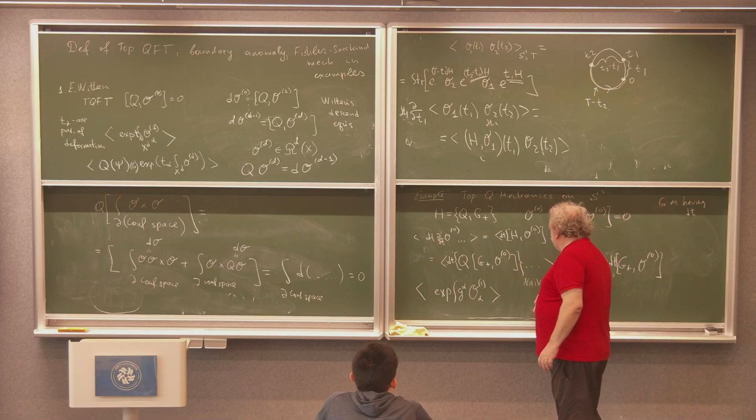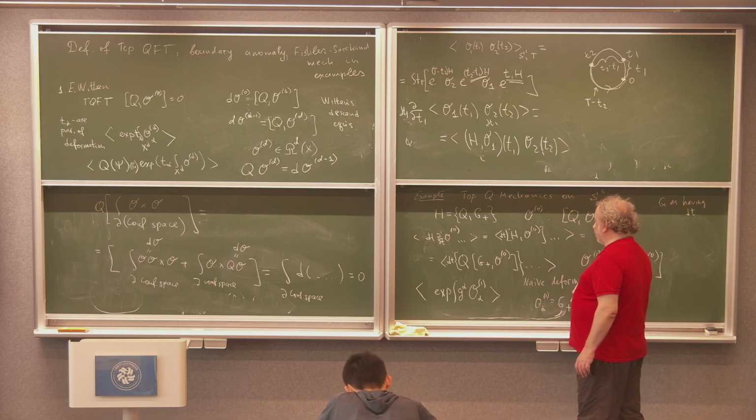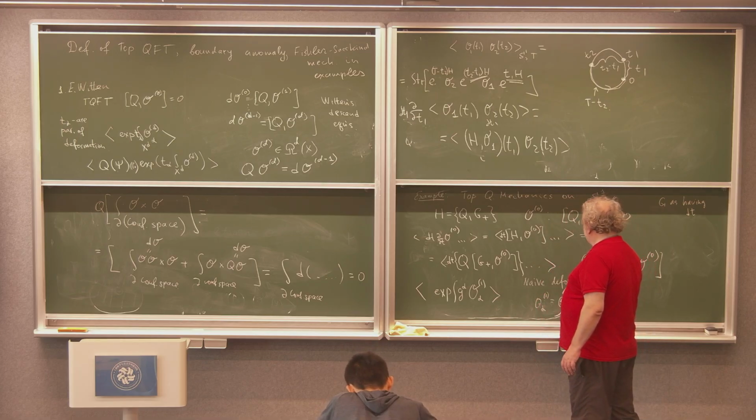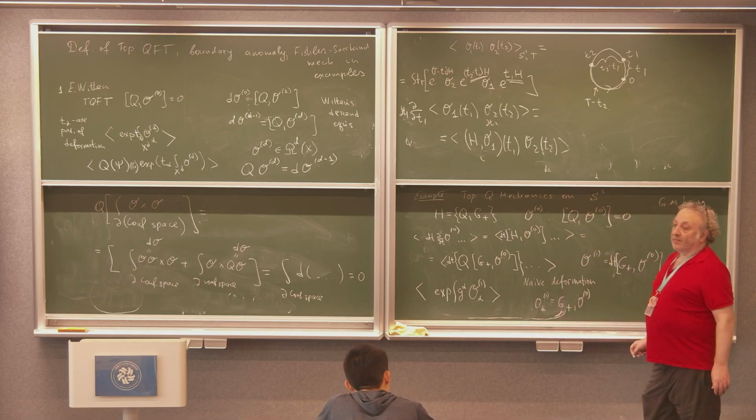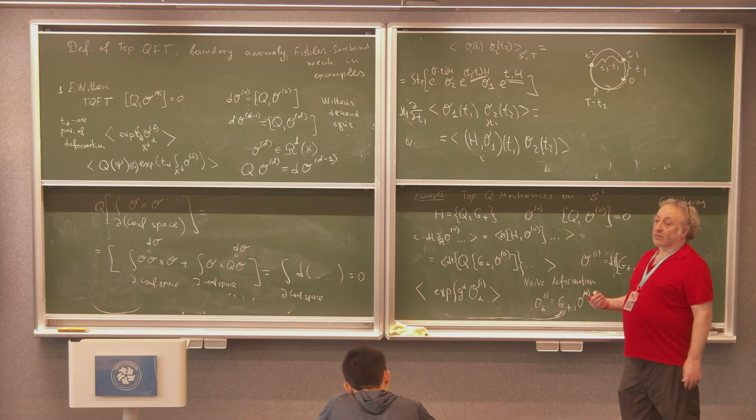And now, since O alpha 1 is G plus O0, I have what I naively expected at the first order.